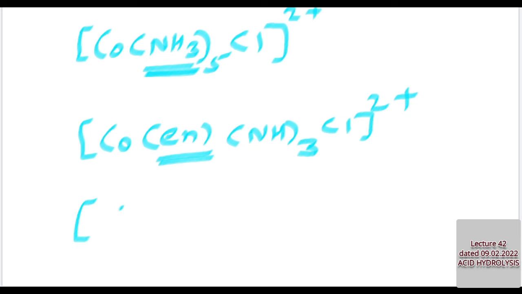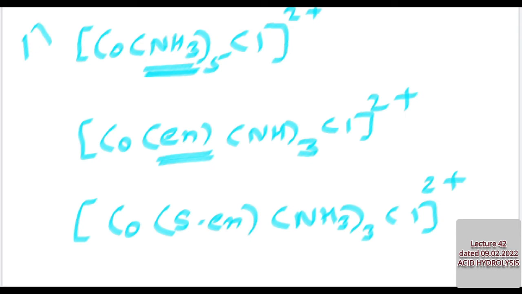And the third possibility I want to consider: instead of simple ethylene diamine, I consider substituted ethylene diamine. In the first case, only ammonia molecules are there, relatively small. In the second case, ethylene diamine is a somewhat larger molecule. And in the third case, substituted ethylene diamines are there, and as you said, substituted ethylene diamine will occupy more space.